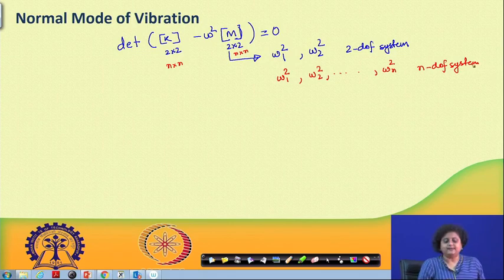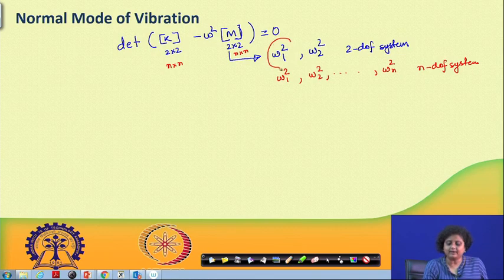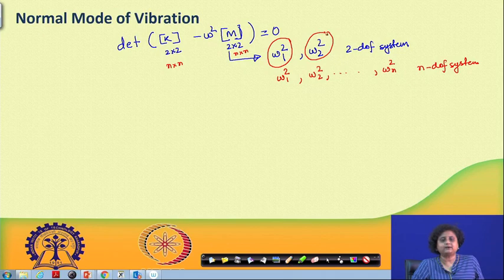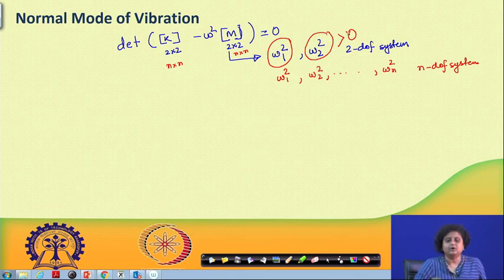Now, if you solve this system, the values for omega 1 square and omega 2 square, irrespective of the system you are dealing with, are always going to be greater than 0, because my k is a positive definite matrix and my m is a positive definite matrix.